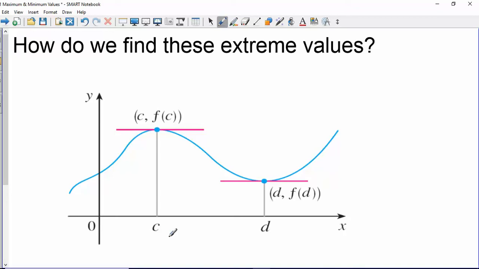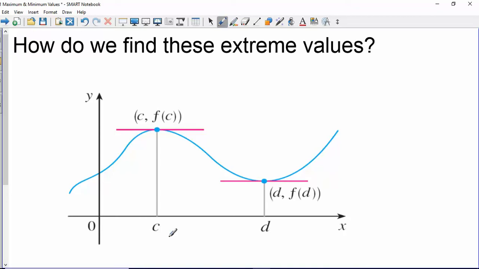Horizontal. What's the slope of a horizontal line? 0. So how do you find the slope of the tangent line? We've done this. What do we do to find the slope of the tangent line? Derivative. So to find maximums and minimums, all it is is where the derivative is 0.